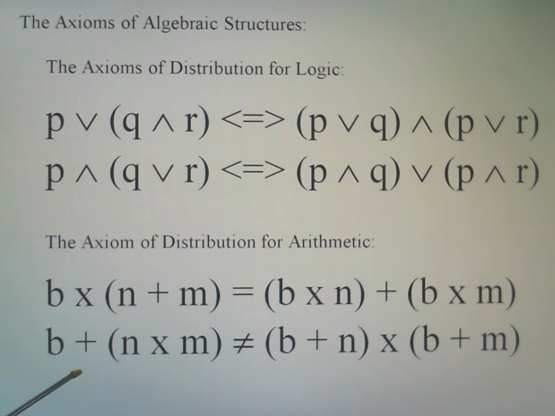However, addition does not distribute over multiplication. In other words, b plus (n times m) is not equal to (b plus n) times (b plus m). The second distribution rule does not exist in arithmetic, but it does in logic because we're dealing with slightly different objects, the propositions, as opposed to numbers, and slightly different operations.